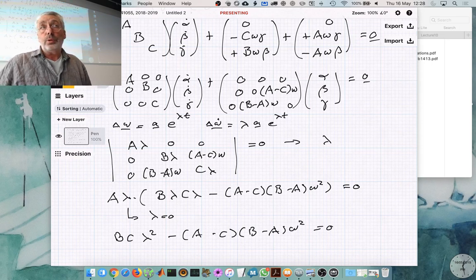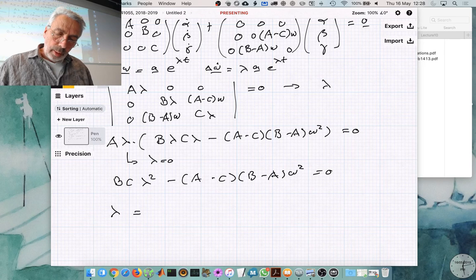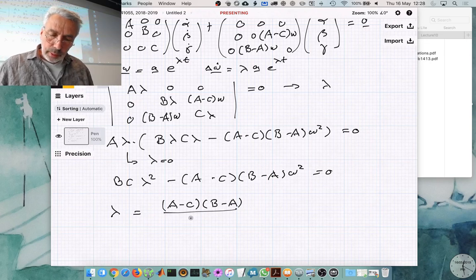And it's also not so hard to solve, because I know that lambda equals a minus c times b minus a, I divide that by bc, and then omega, and I take the square root out of this, and I do plus or minus.